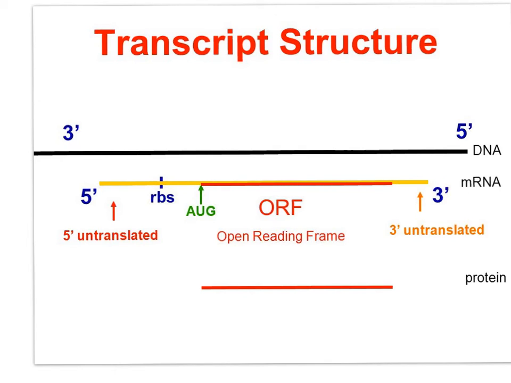There are sections of DNA upstream of the gene and downstream that ultimately are not translated. The open reading frame, seen in red here, begins with a start codon and ends with a stop codon. There are upstream sequences linked to the open reading frame that control the expression of the open reading frame.